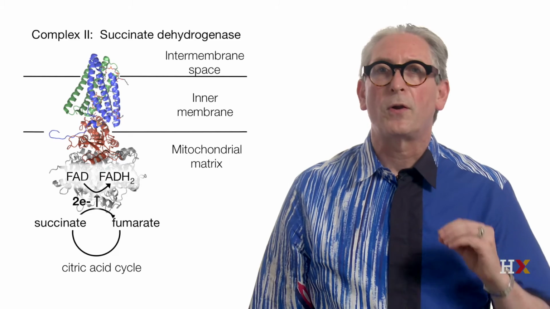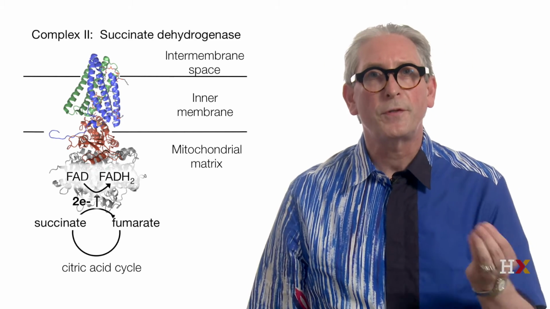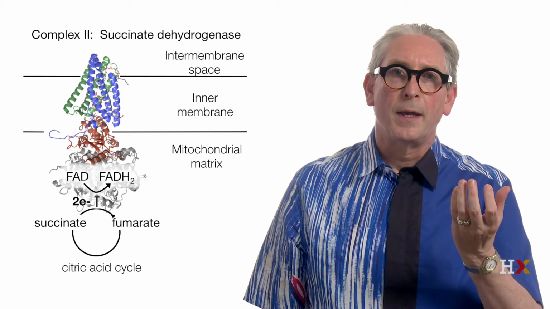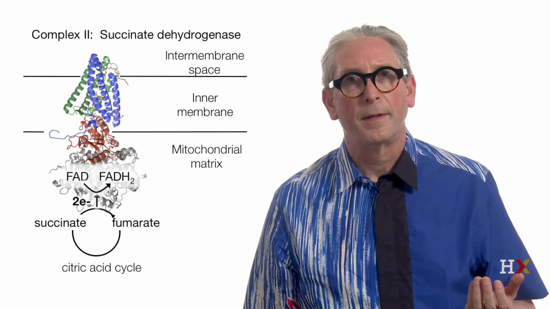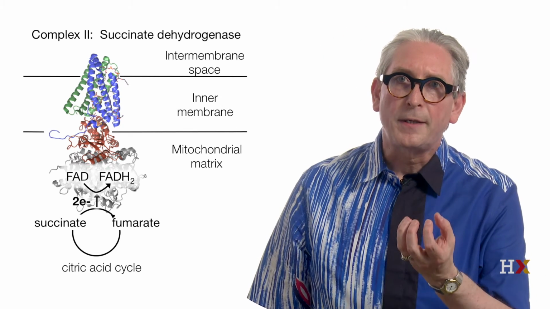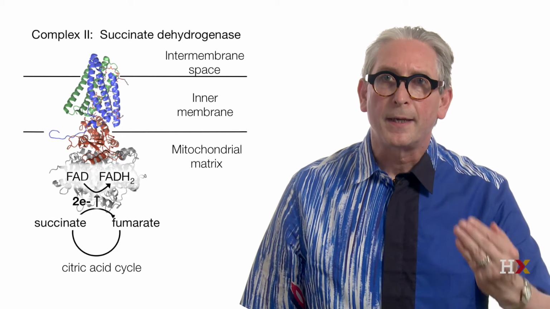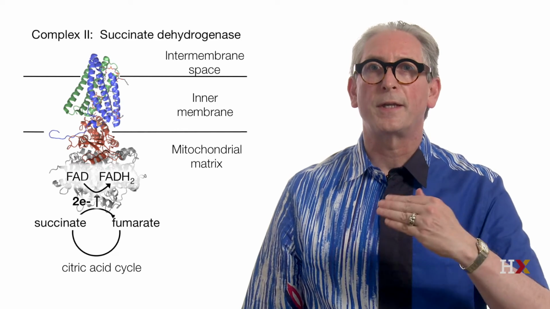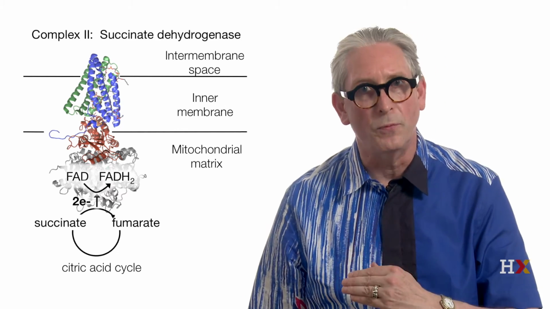In the citric acid cycle, the succinate dehydrogenase catalyzes the conversion of succinate into fumarate. One of the subunits of the enzyme contains FAD. So during the oxidation of succinate, electrons and protons will be transferred to FAD to form FADH2.